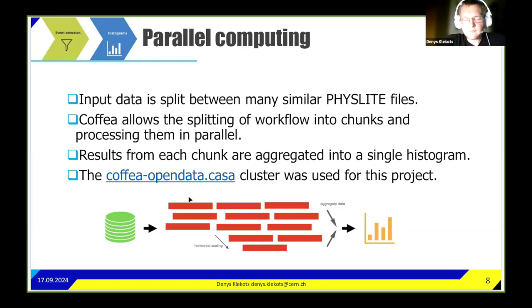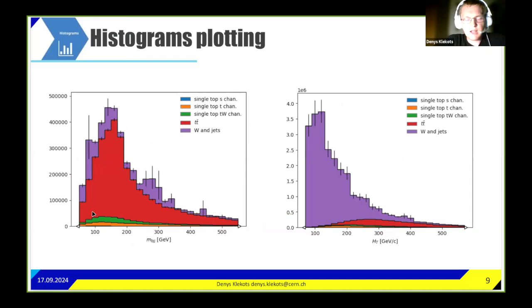In my analysis, I used this cluster, Coffea Open Data, which, if I'm not mistaken, is a Nebraska University cluster, and it already contains all that library pre-installed. And here is what the final histograms look like: this one for three-jet mass, this one for the HT variable.